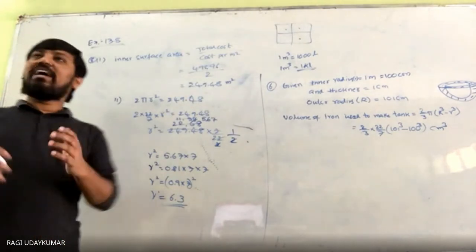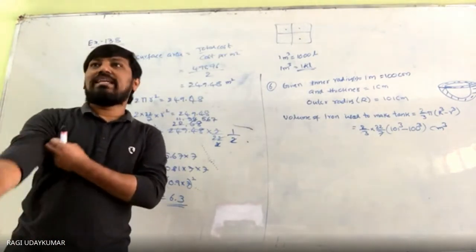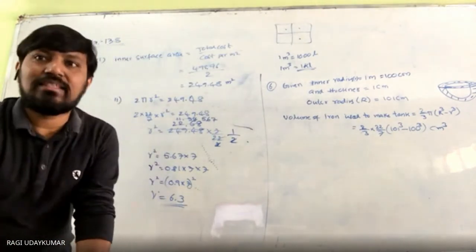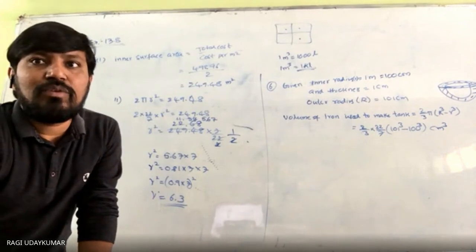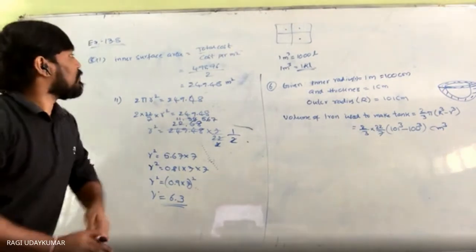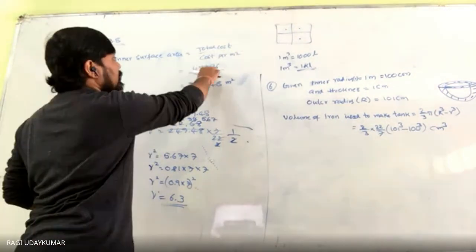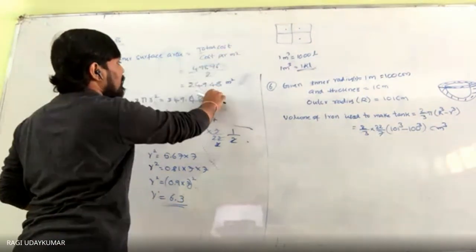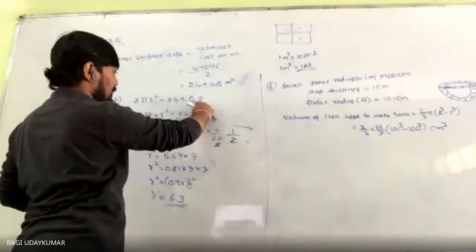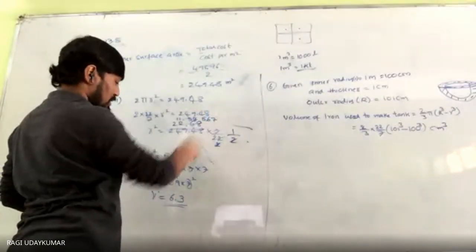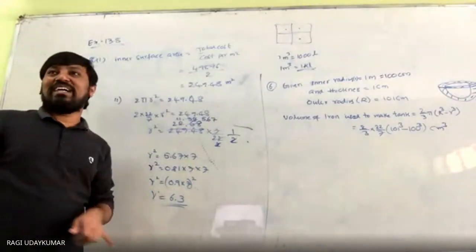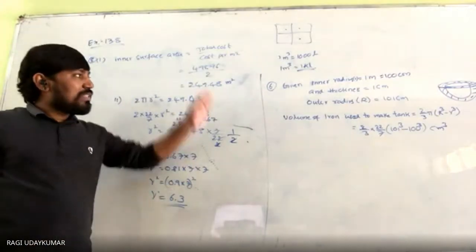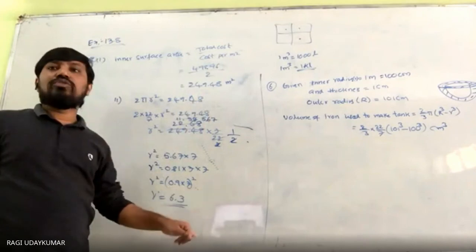So we got the answer. Let us continue like this only. That doesn't matter. The R value you got. The decimal point will come here, it may be a little different, this is correct. Okay, 6.3 came.